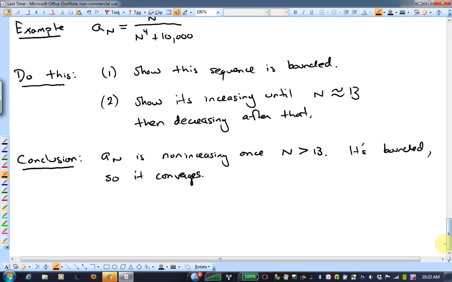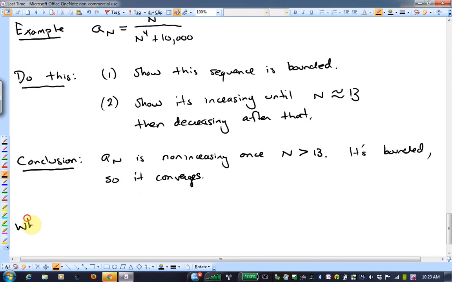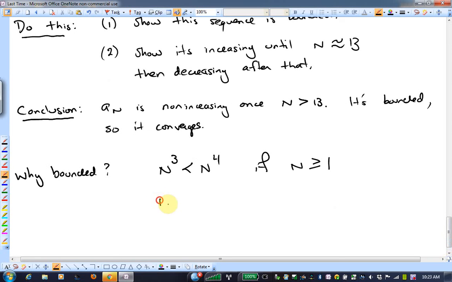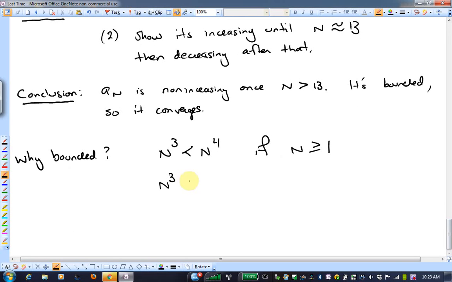Okay, so how are we going to show it's bounded? I mean, let me give you a little idea of that. Why would it be bounded? Well, n cubed is less than n to the fourth if n is bigger than or equal to 1, isn't it? So n cubed is going to be less than n to the fourth plus 10,000.